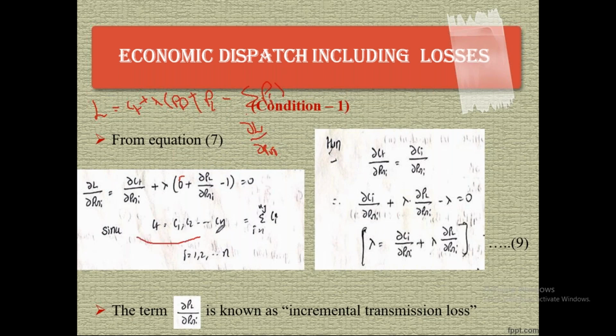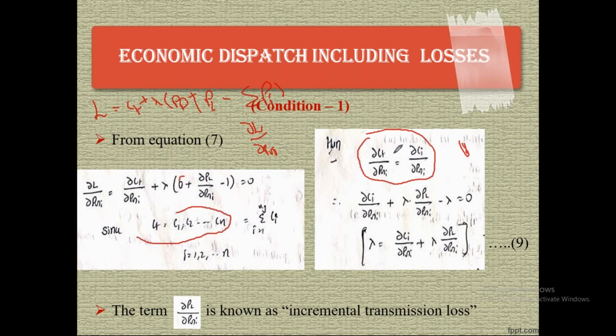Now this cost CT is the total cost of the plant. This is the cost equation with respect to the total cost and the CI. Suppose it has only one plant, then you will get CT equals CI. So this is the equality with respect to the total cost and the cost for the ith plant.